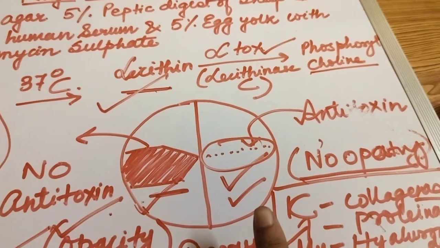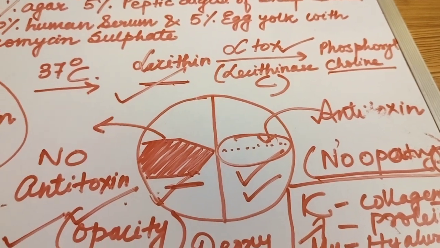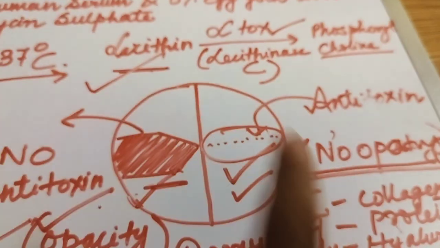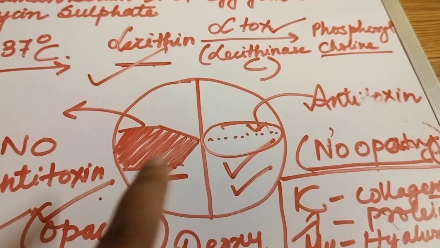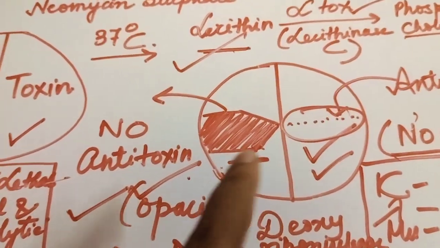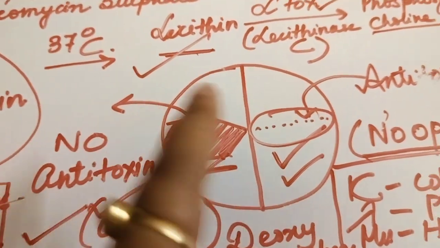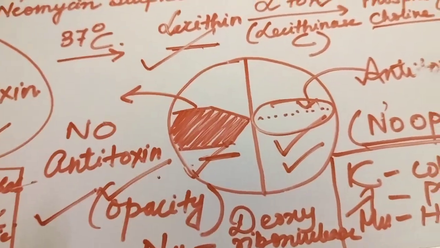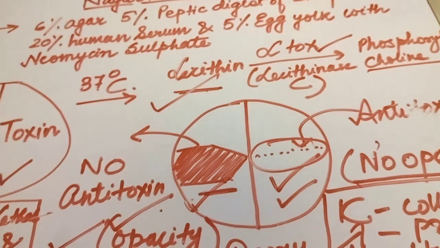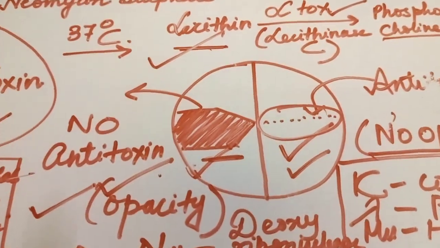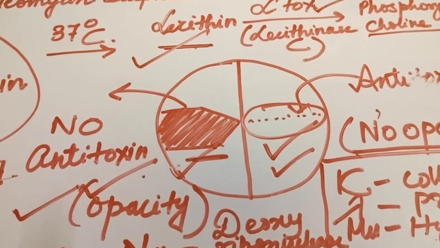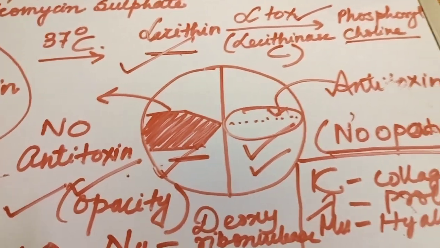But because you have antitoxin on one half of the plate, the toxin has been neutralized. So there is no deposition, no opacity on that half of the plate. On the other half, there was no antitoxin, so there was opacity, which suggests that antitoxin can neutralize the toxin and can be used as a vaccine, as a passive immunization process to save the patient.